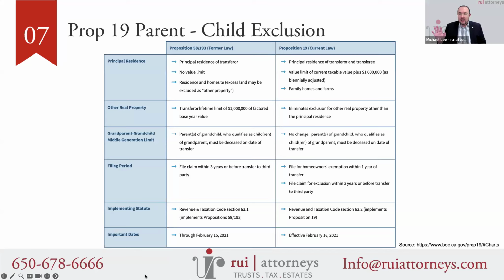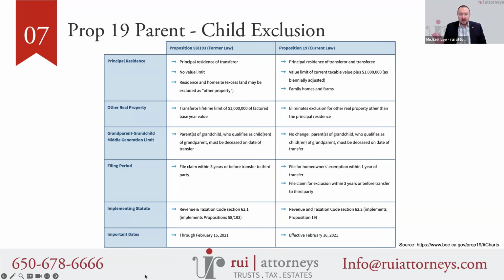In addition, I have to arrange my estate planning for this property to go to my child, the transferee, and the child has to live in this property. So the new rule for Prop 19 is it must be my primary residence and it must be the child's primary residence. Transferor, put a big circle around it, and transferee.